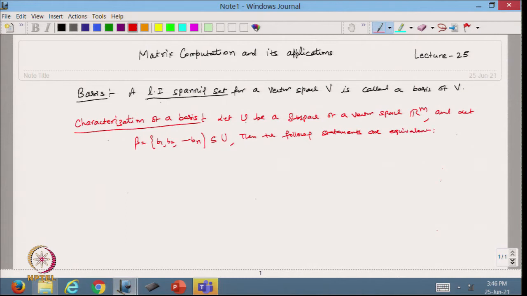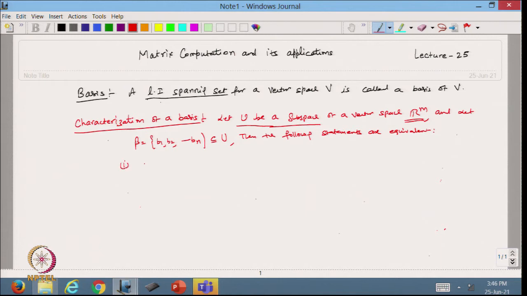So, in this case we are taking U as a subspace of the vector space Rm, the m dimensional vector space, and let me take the set beta which contains the vectors B1, B2 up to Bn. So, these are n number of vectors contained in the given subspace U. Then the following statements are equivalent.